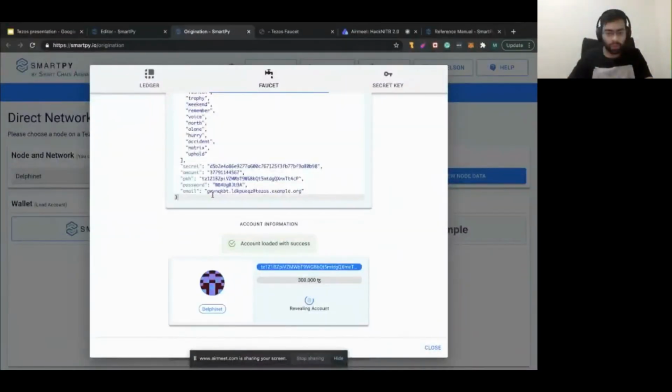Okay, in the meantime, I would quickly discuss a few ideas you can note down for building in the hackathon. So something that you can build is a micro lending platform, right?